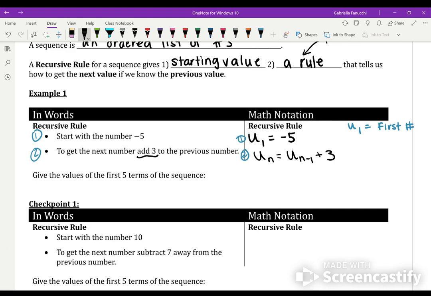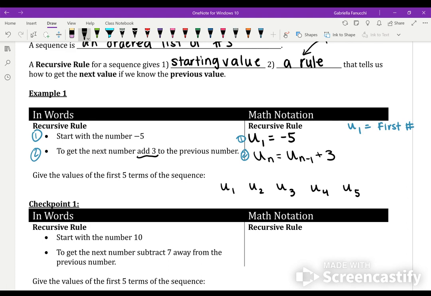To make the n and the n minus 1 make more sense: if I'm starting with -5 and it tells me to add 3, I am going to get u2. So u1, u2, and we want to get the next terms, u3, u4, u5.